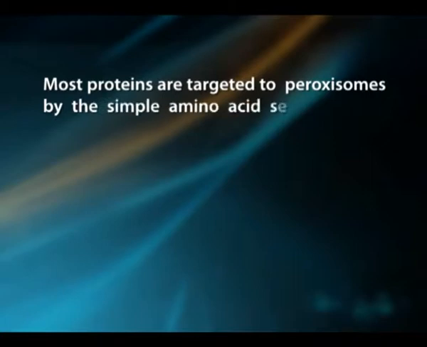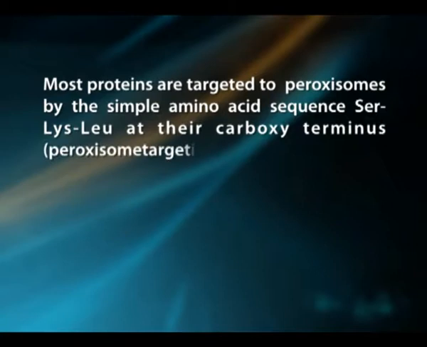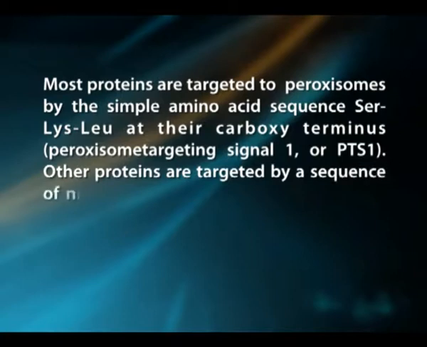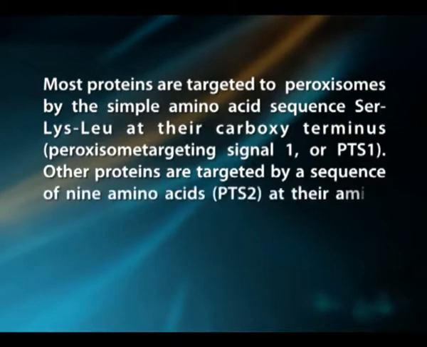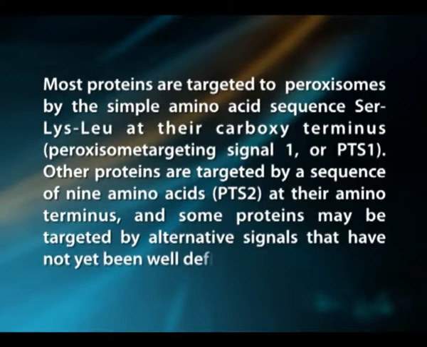Proteins are targeted to the interior of peroxisomes by at least two pathways, which are conserved from yeast to humans. Most proteins are targeted to peroxisomes by the simple amino acid sequence serine, lysine, leucine at the carboxy terminus. Other proteins are targeted by a sequence of 9 amino acids at the amino terminus, and some proteins may be targeted by alternative signals that have not yet been well defined.